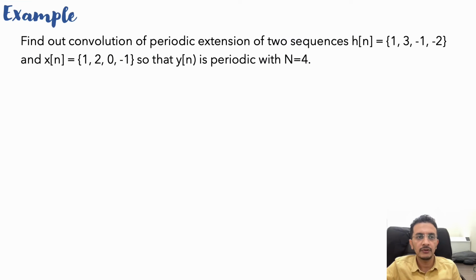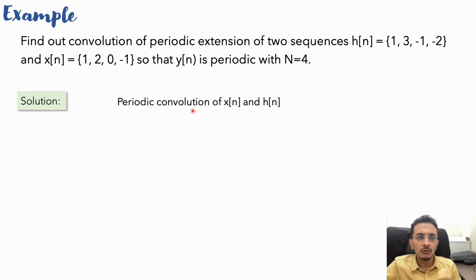In this example, we are asked to find out the convolution of the periodic extension of two sequences. One is this one and the other is this one, so that y[n] is periodic with the fundamental period N equal to 4. So we are going to convolve these two sequences, and this is the representation of it.